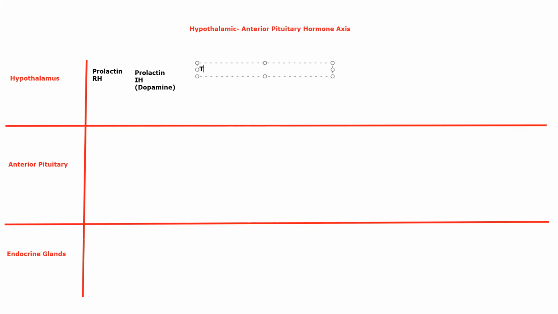Then we've got thyroid releasing hormone. We looked at an example with the thyroid axis and the thyroid releasing hormone. We've also got cortisol releasing hormone, which is going to act on the adrenals. GHRH stands for growth hormone releasing hormone.